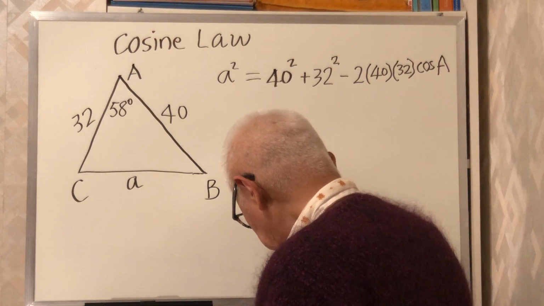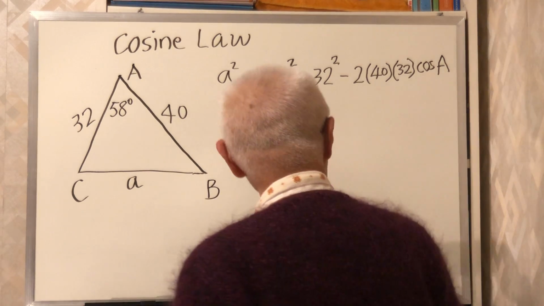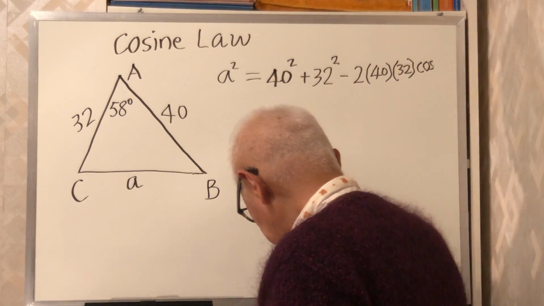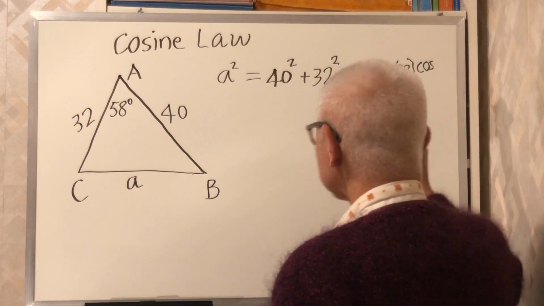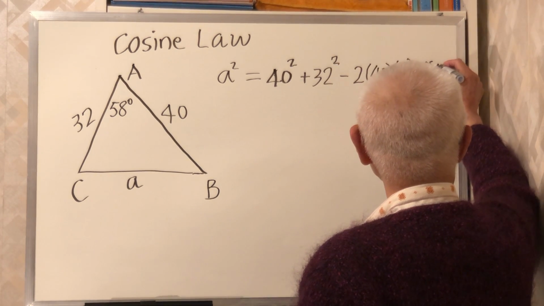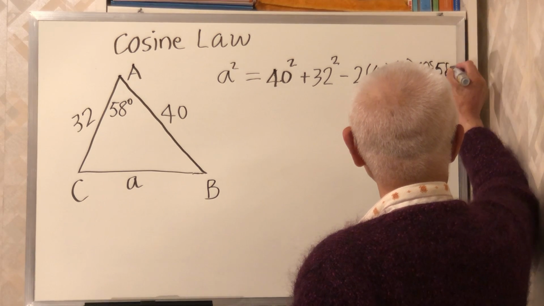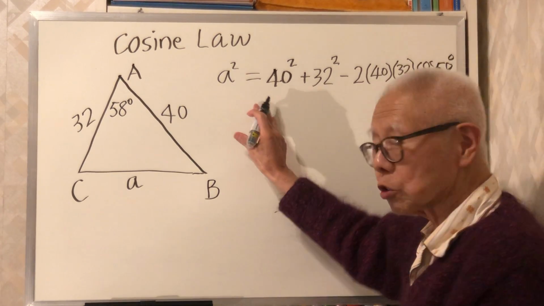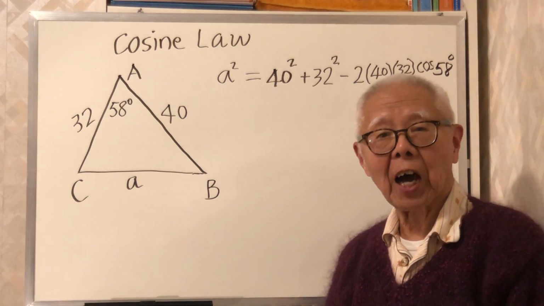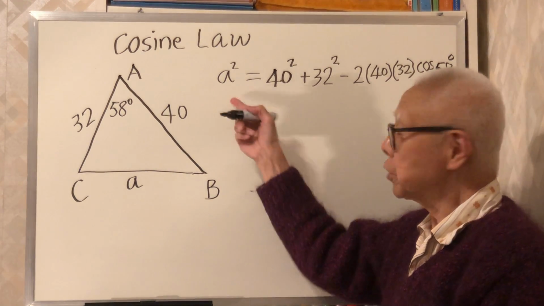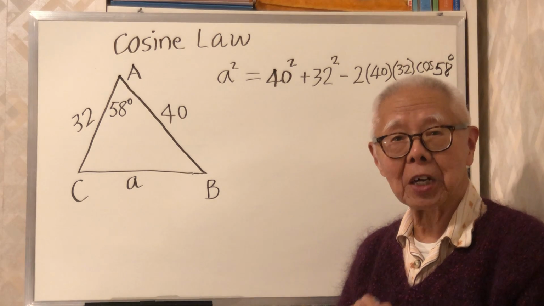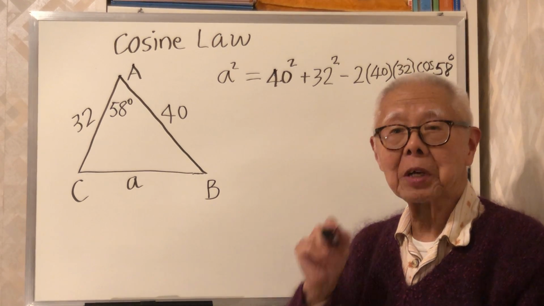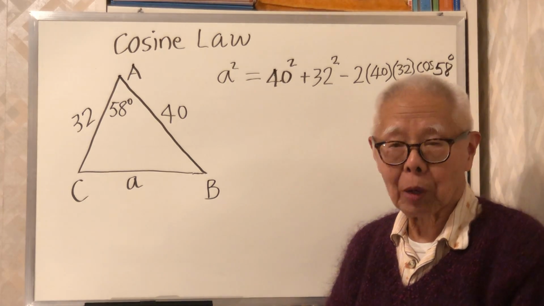So I can erase the A and I put 58. So do the right hand side and you get A squared equals a number. Once you have A squared equals a number, you can find A, and that is what you want to find.